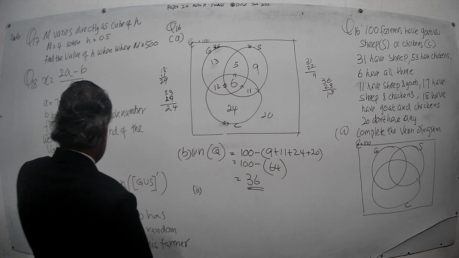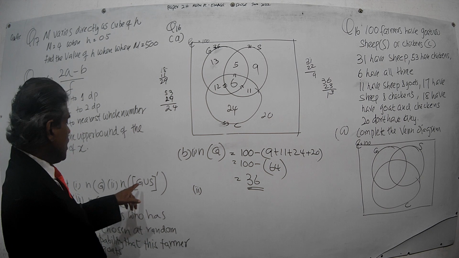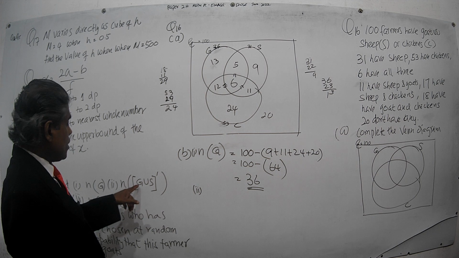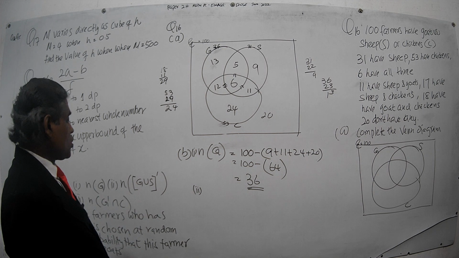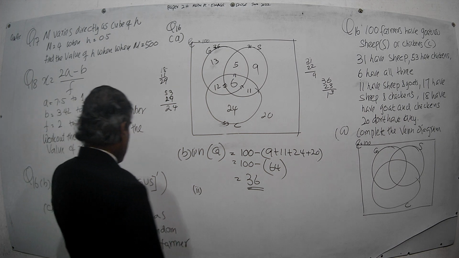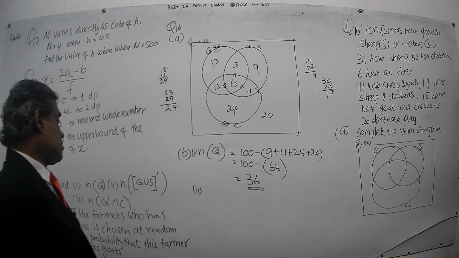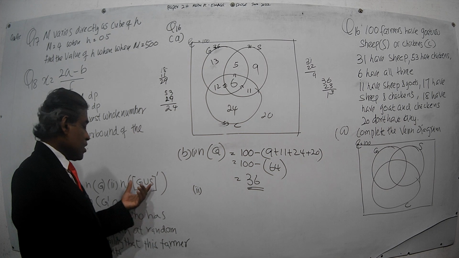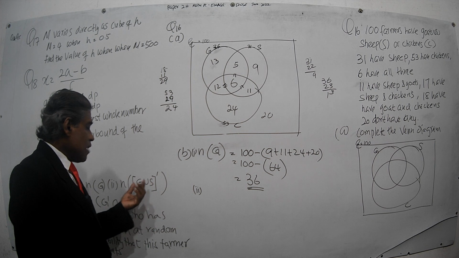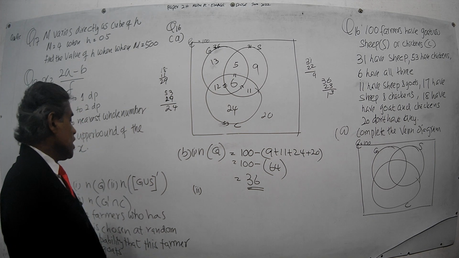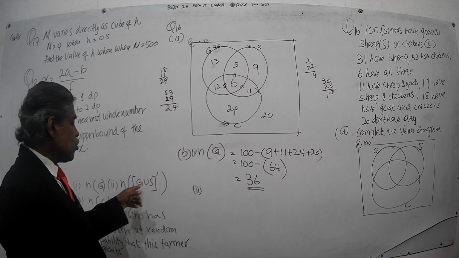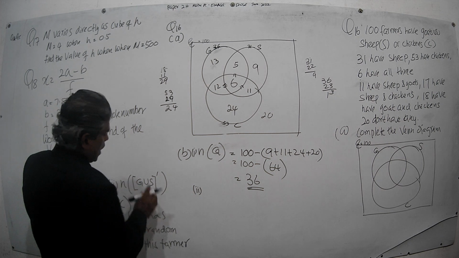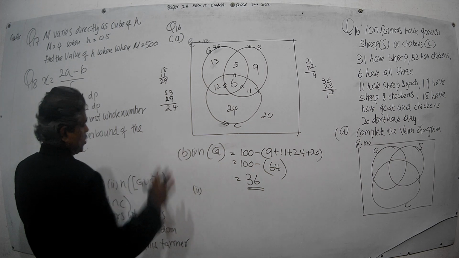Then the second part. They say the number of farmers not having any goats or sheep. This means G union S means farmers having goats or sheep.